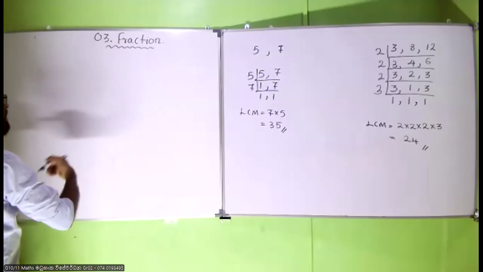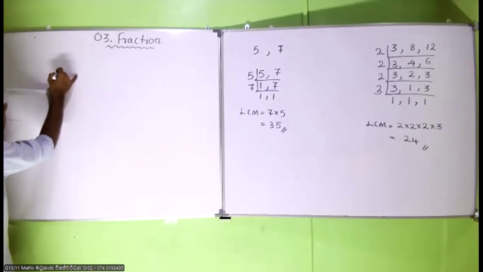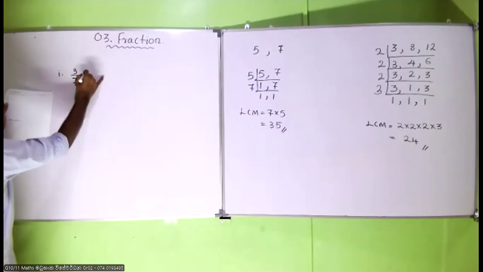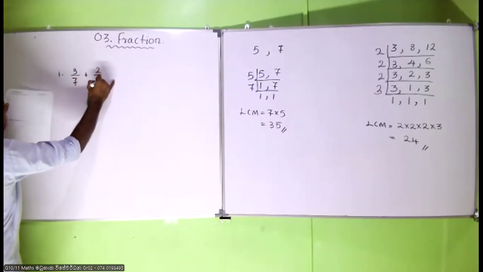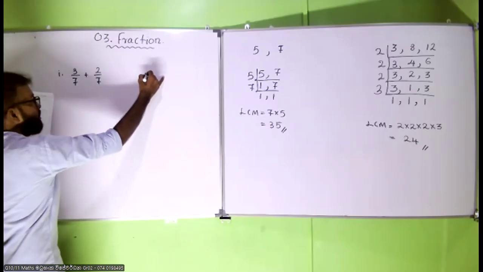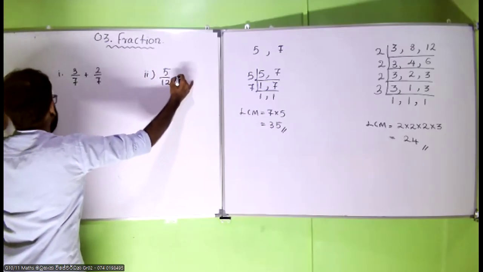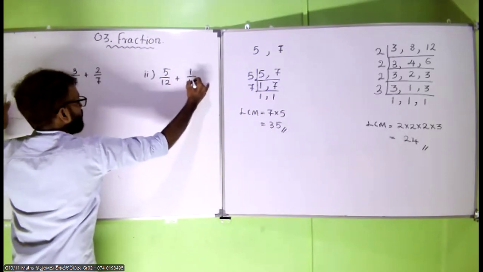But when I am discussing the things, please focus on the board. 3 upon 7 plus 2 upon 7, right? And the next one is 5 upon 12 plus 1 upon 12, right?